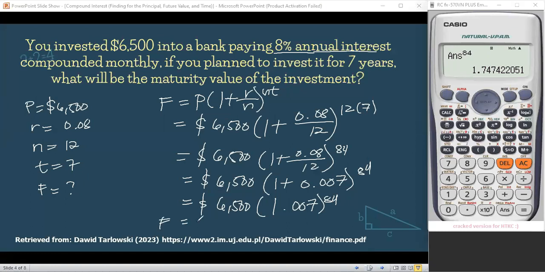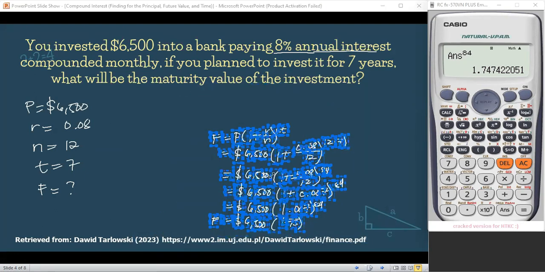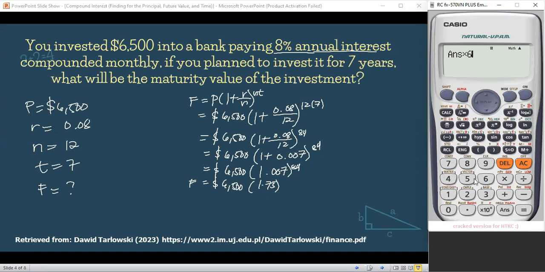So, F is equal to 6,500 times 1.75. Now, multiplying it by $6,500, which is our principal, our future value now after 7 years is $11,358.24.